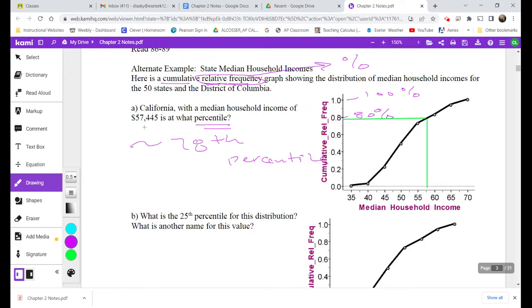So the median household income of 57,445 is about the 78th percentile, meaning that it has a higher median income value than 78% of the states. Okay, so it has a relatively high median household income.